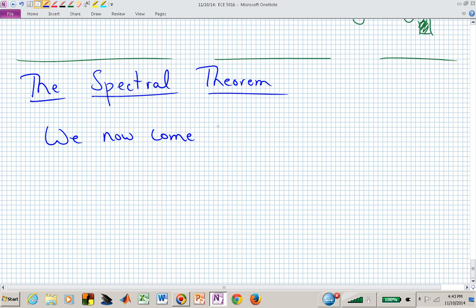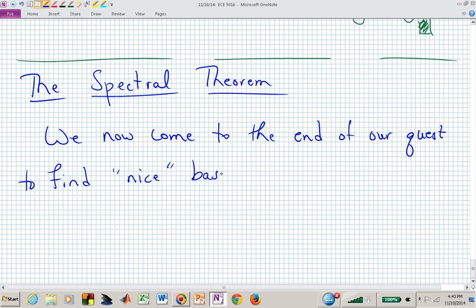We now come to the end of our journey or quest to find nice basis for these vector spaces.